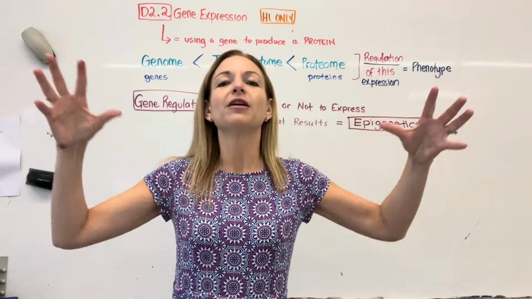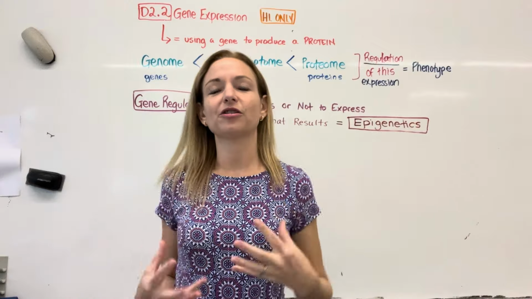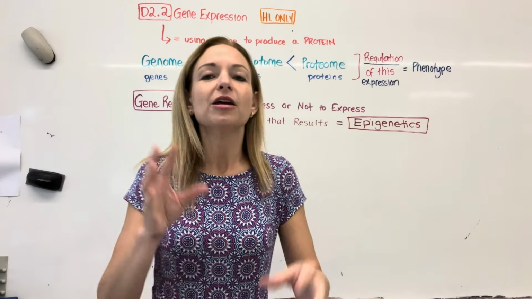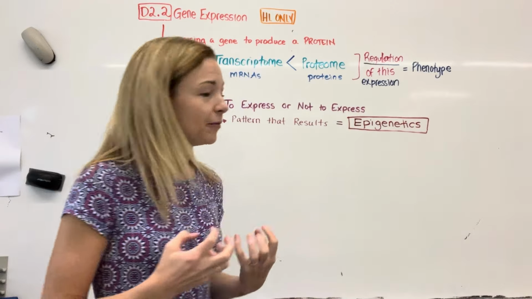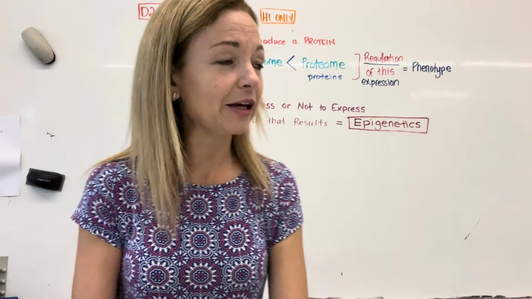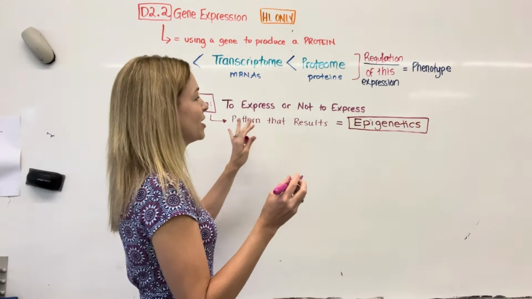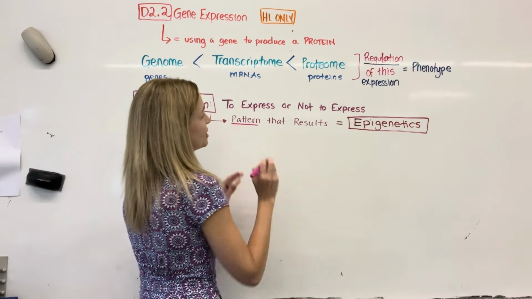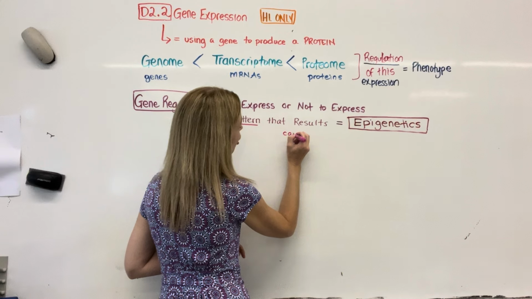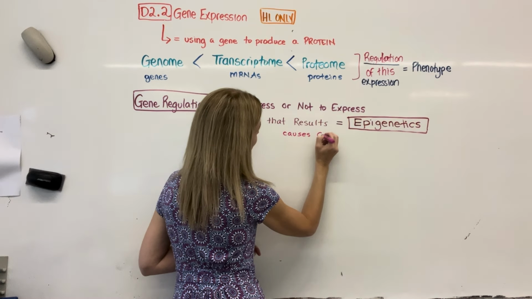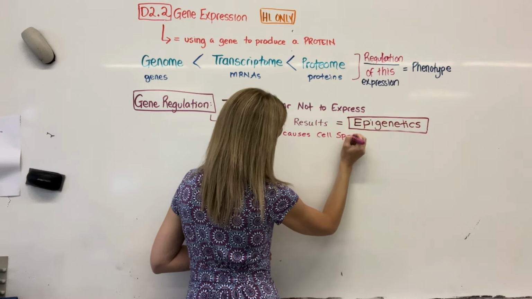So you have all of it, but you end up with a set of things you make in your family. What I actually make, that is the key. And so this epigenetic process, this pattern, determines the phenotype of each cell. It is going to cause your cell to become specialized.